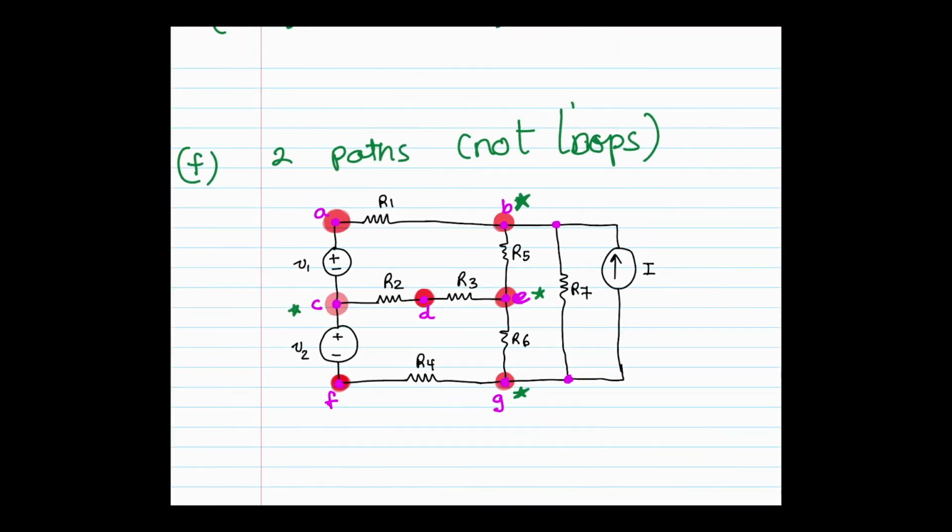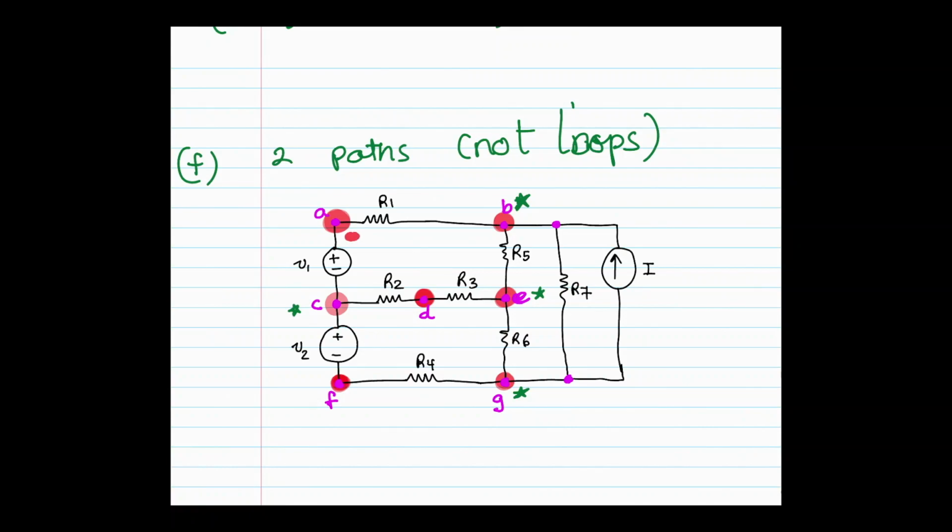Now, if you look at the path R1, R5, and R6, it is a path R1 through R5 through R6. So this is certainly a path, but it is not a loop because it is not ending back on the same node. If it were ending back on the same node, it's a closed path, then it would have been a loop.